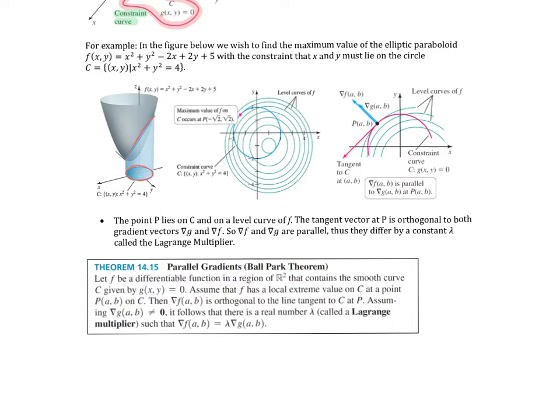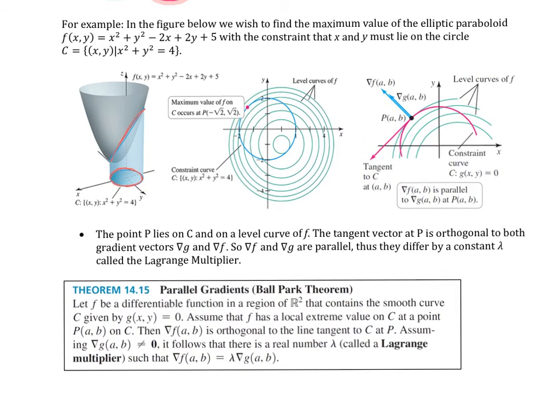Going back to a previous section, remember that when we were finding maximum or minimum rate of change or growth rate, that occurred at the gradient vectors. So all we have to do is find gradient vectors where the level curves of my elliptic paraboloid, looking at the second diagram here, intersect our constraint curve so that the gradient vectors are parallel.